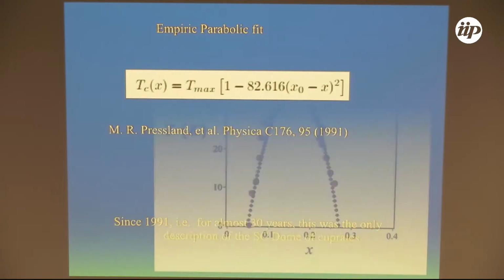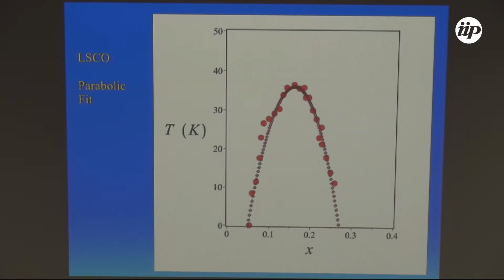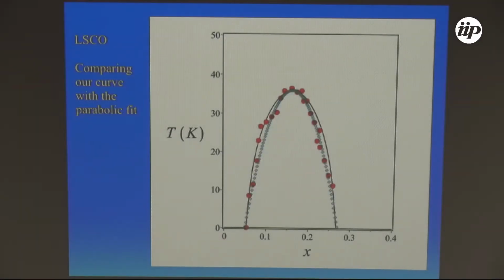And I reproduce here the parabolic fit and superimpose it with our result obtained from that model. Our result is this solid curve, and the parabolic fit is the dotted line. I leave it up to you to judge.